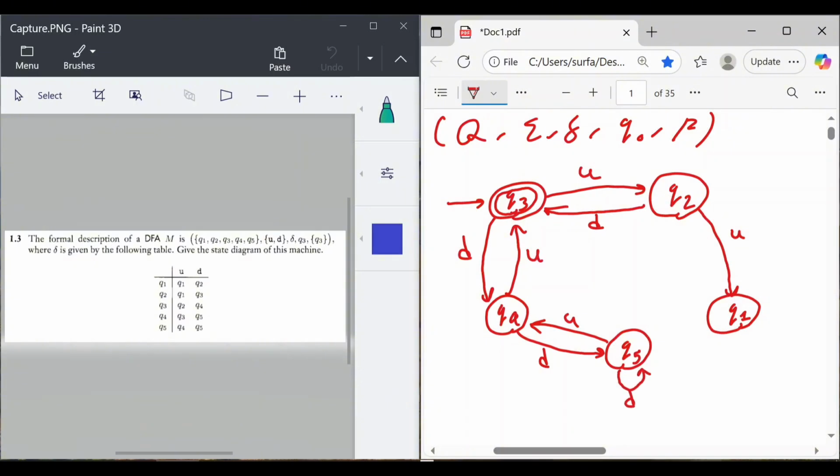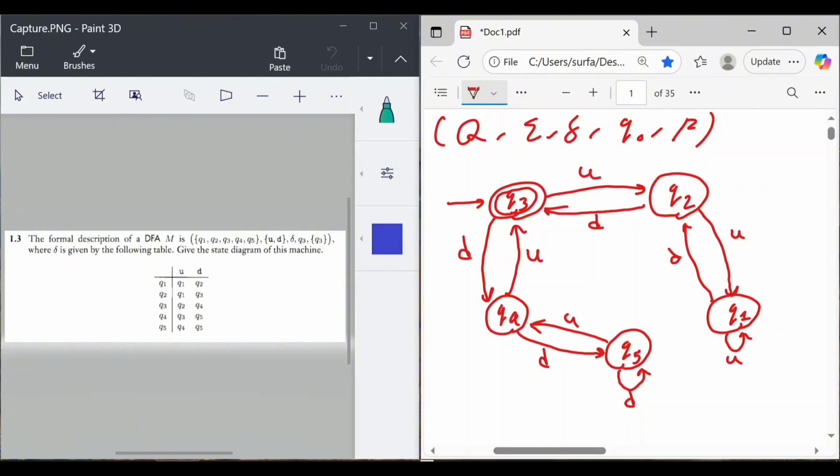And let's continue with Q1 actually. If we see U, we will stay in Q1 like this, U. And if we see D, we will go back to Q2 like this. And I think that's it.